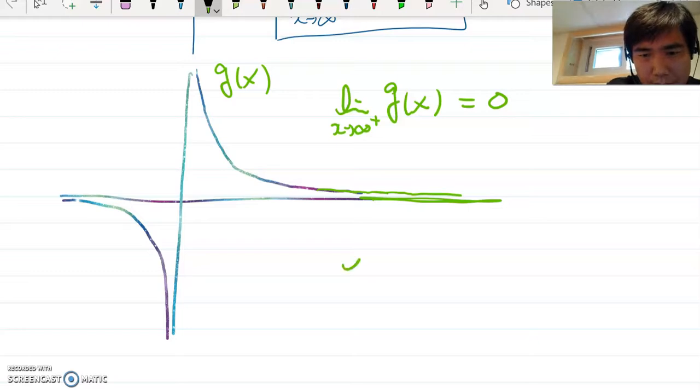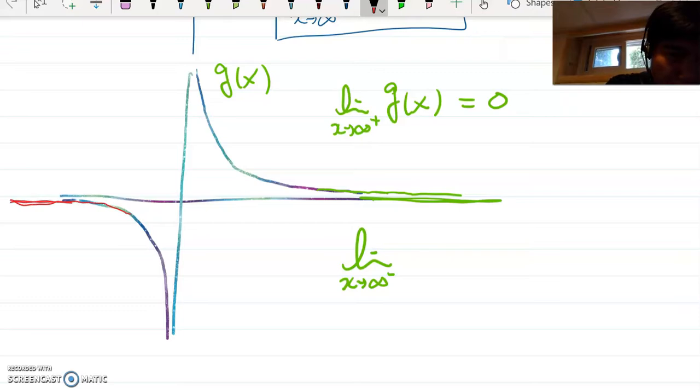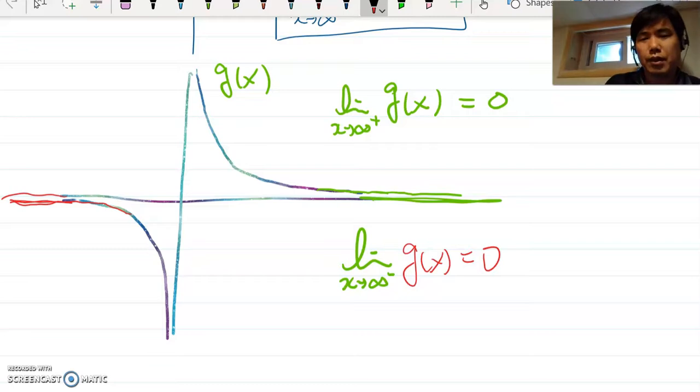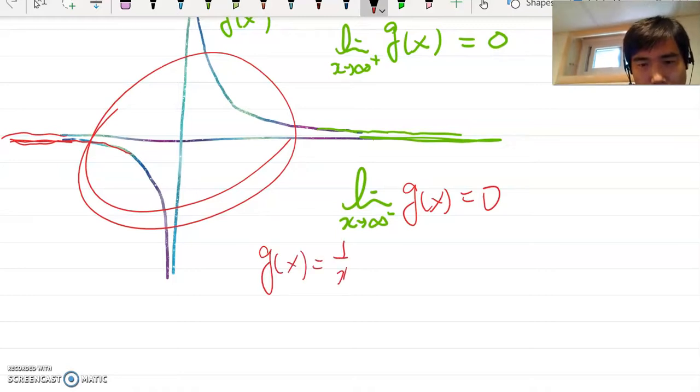Now even the limit as x moves to infinity from the negative side, we're looking at this one, it keeps going in this direction but it never crosses the x-axis again. So it also becomes 0 here. This particular function we define as g(x) equal to 1 over x graph.